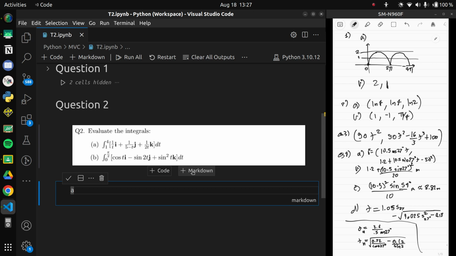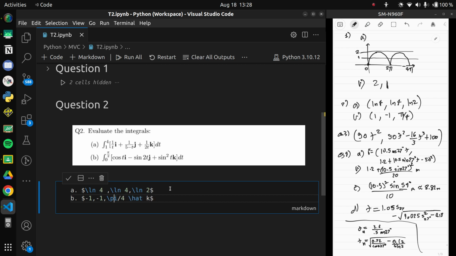The A part is natural log 4, natural log 4, natural log 2. B will just be, so I should actually be putting the hat key stuff. Sure. Because that's the correct notation apparently.